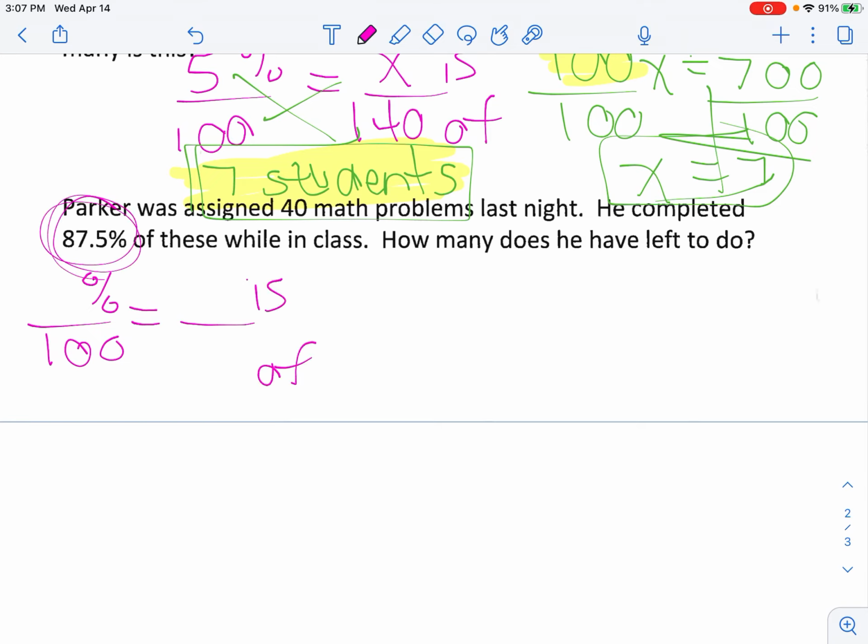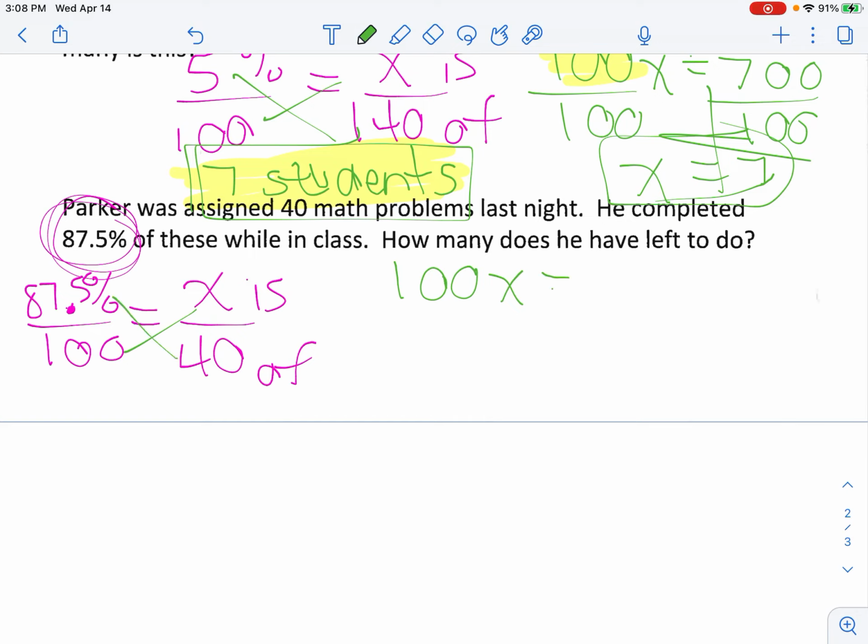I clearly see 87.5% given to me in the problem. Make that decimal nice and big. He has a total of 40 problems. So that is going to tell us how much he has done. Cross products, 100 times x, 87.5 times 40.